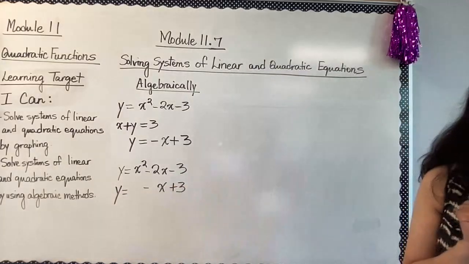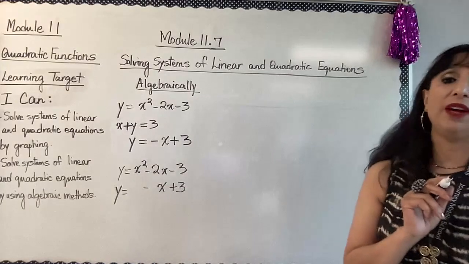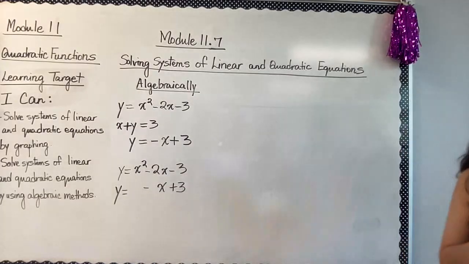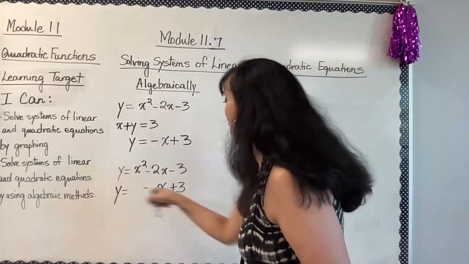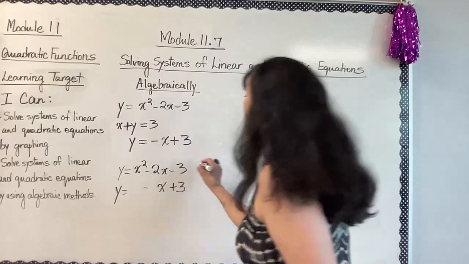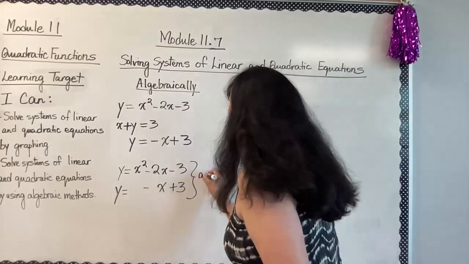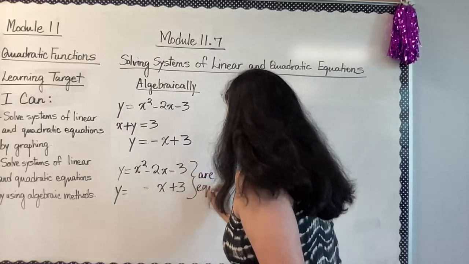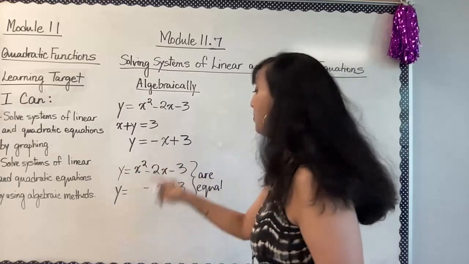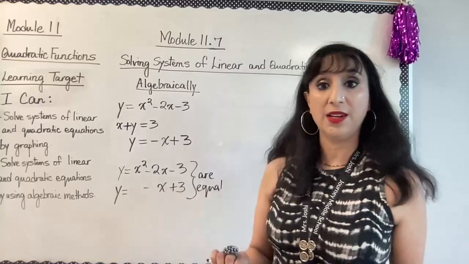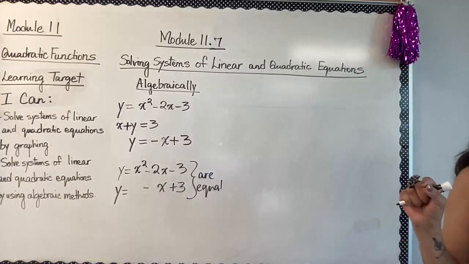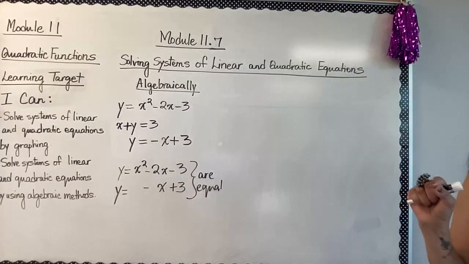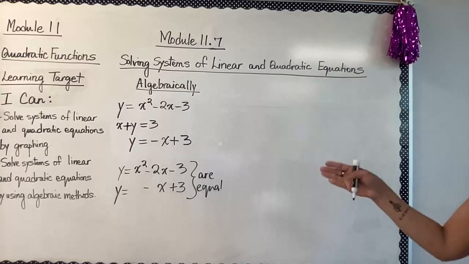I can use the elimination method also, but let me show you substitution. If y is this and y is this, that means these two are equal, because it's telling me the value of y is this, but the value of y is also this. So I'm going to substitute the value of that into, because it's saying y is equal to whatever.